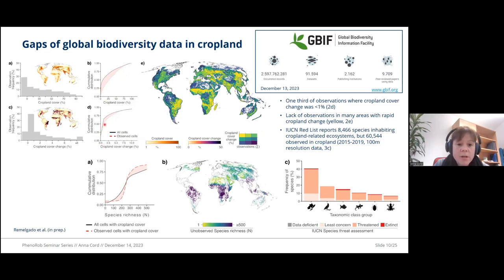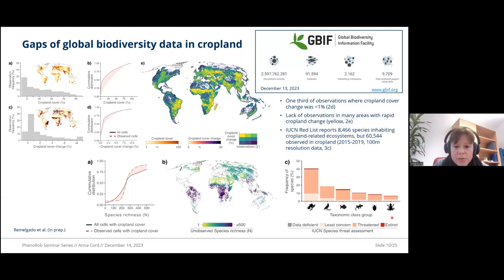This is what you see here. So we really don't have such a good knowledge of the areas where a lot of change is happening. And this is what you also see on this map. All these yellow areas are those where we have few observations, few biodiversity data, but where actually a lot of cropland cover change has happened.